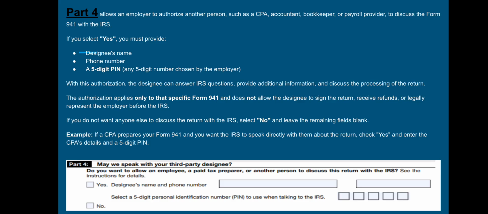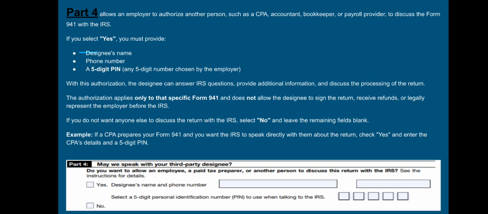Part 4 allows an employer to authorize another person, such as a CPA, accountant, bookkeeper or payroll provider, to discuss the Form 941 with the IRS. Sometimes you find some glitch in the 941 form, or you do not agree with the information mentioned in it, or you have received a notice that you have underpaid or overpaid.